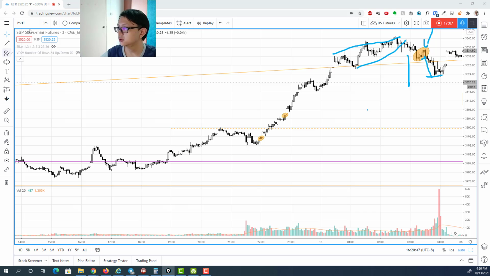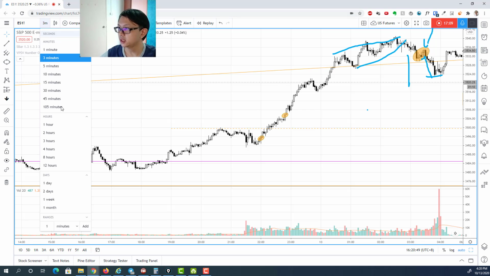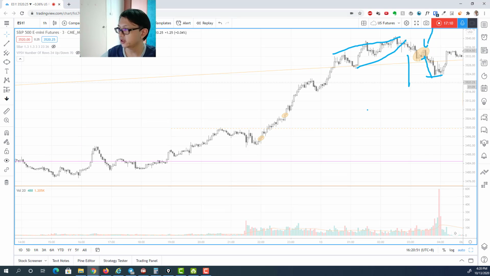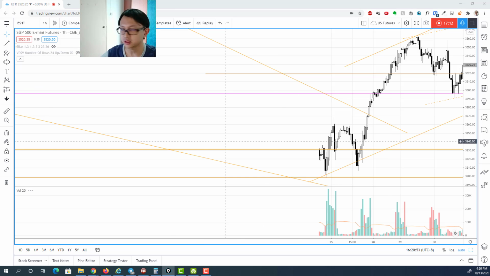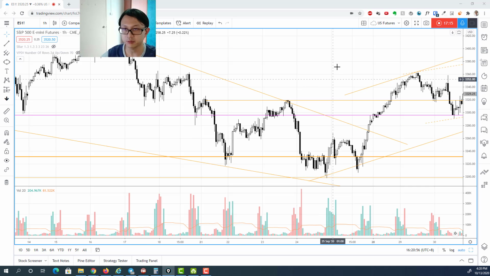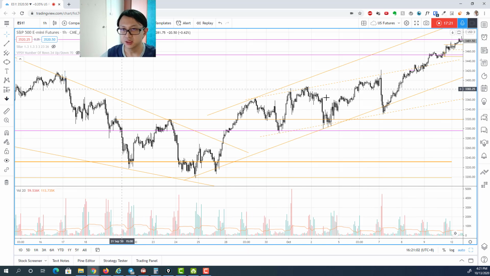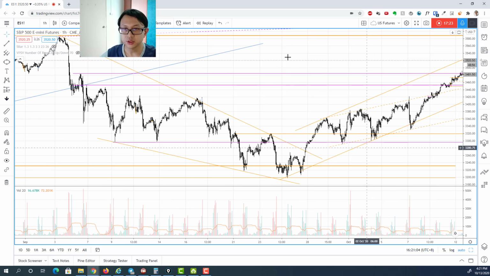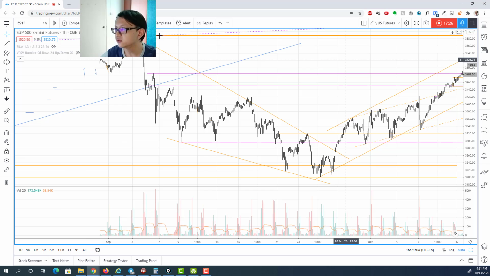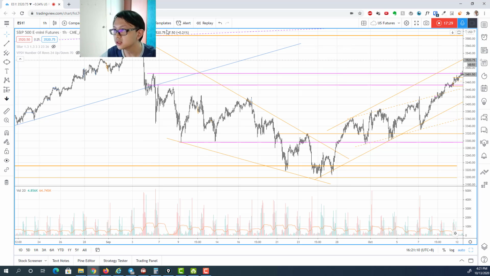Alright, so let me just get down to the hourly time frame and let's talk about the current market outlook or current market condition. So definitely we are very close to the all-time high level, I think it is 3590 or 80-something, 86.